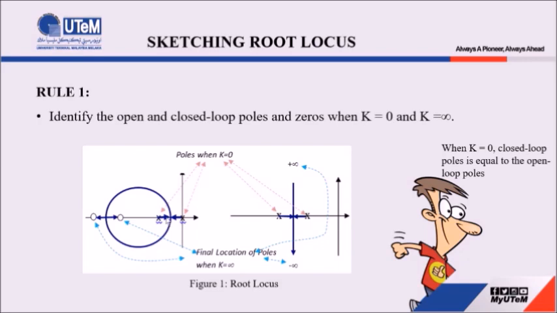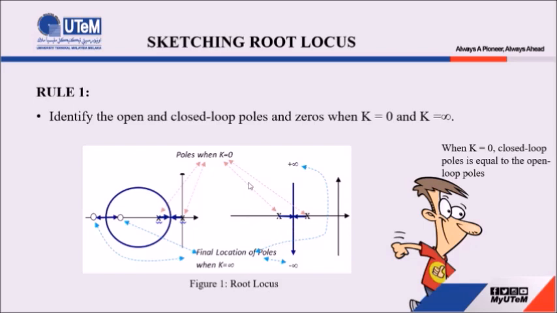Then when k keeps increasing, these poles will move until they meet at this point and then separate. One pole will follow this route and another one will follow this route until they meet these zeros. One pole will meet this zero and another one will meet that zero. At this point, the movement of the poles will stop, till k equals infinity.